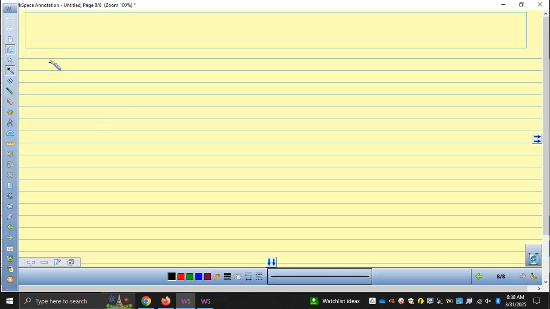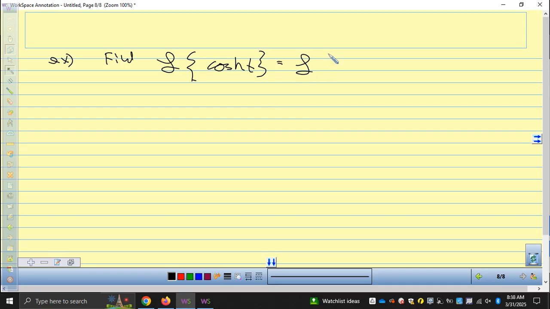Let's do one more example, just because this one's fun. Find the Laplace transform of cosh t. Any ideas what we might want to do here? Yeah, we're going to write it as our exponential definition. So this is going to be e to the t plus e to the minus t all over 2.